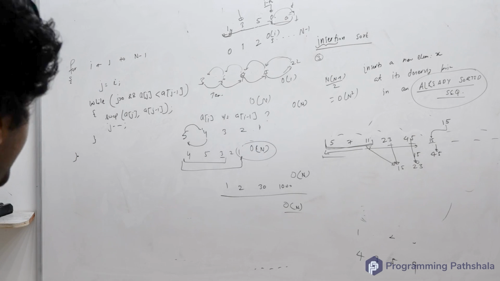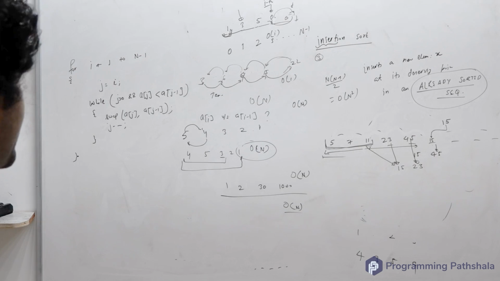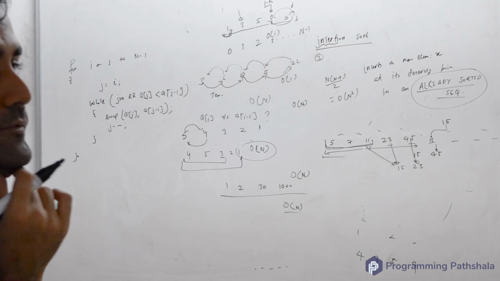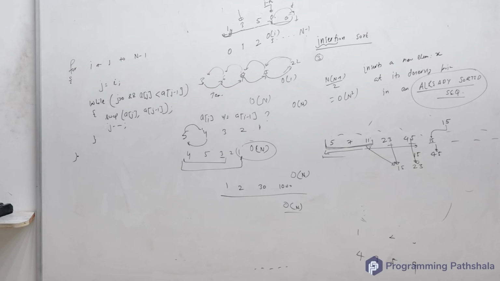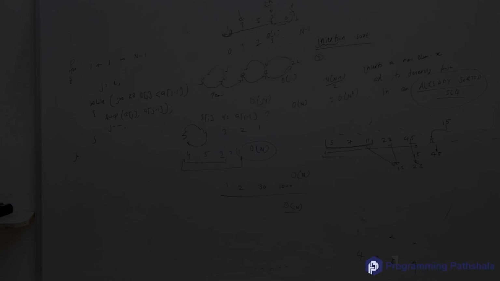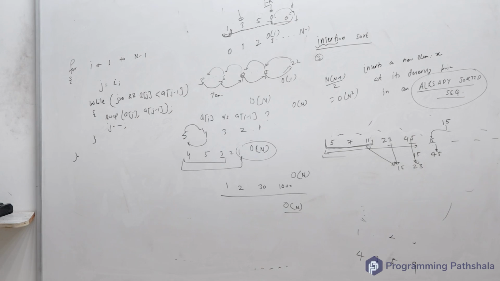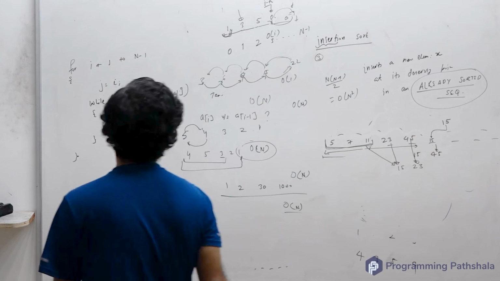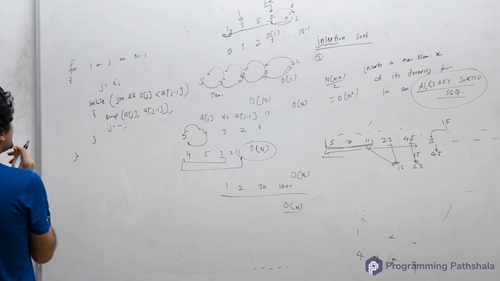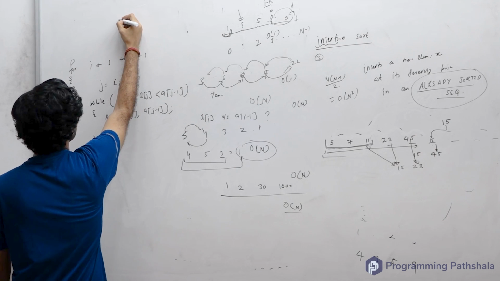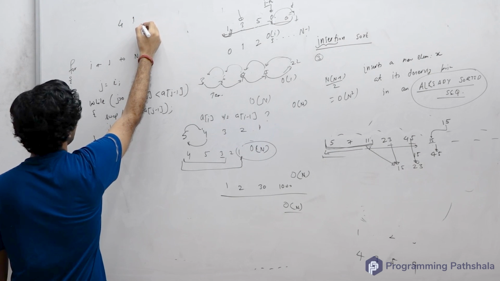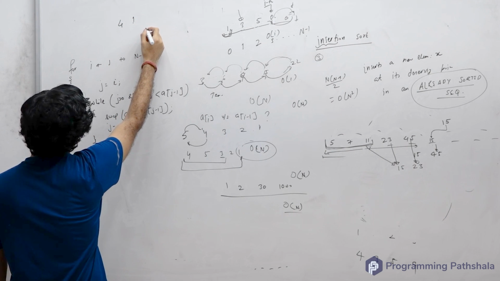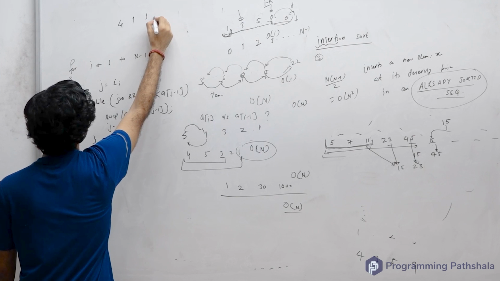Great. Now take a look at this and tell me whether this insertion sort is a stable sorting algorithm or is it unstable? So let us take that by an example. Let's say you had something like 4, 1, and then you again had 1 and then you had others.